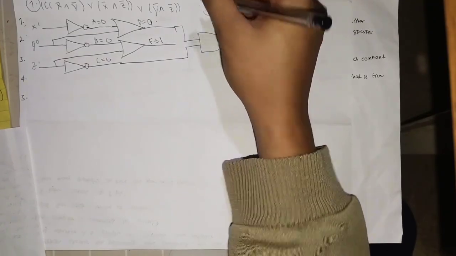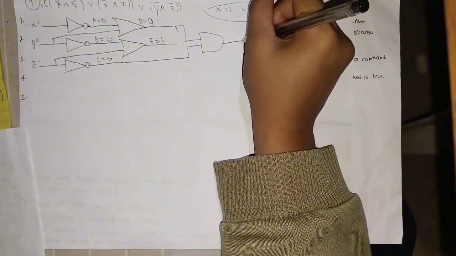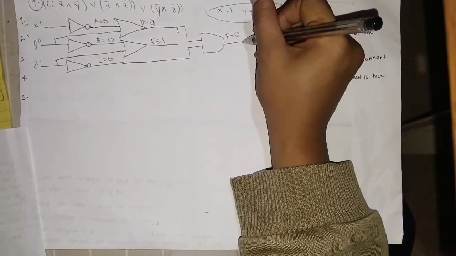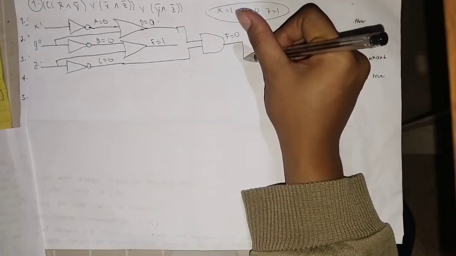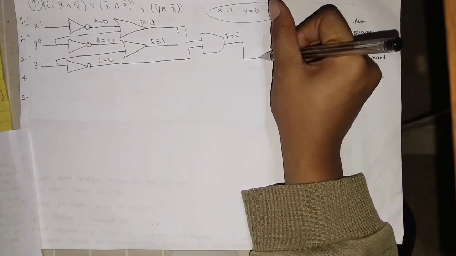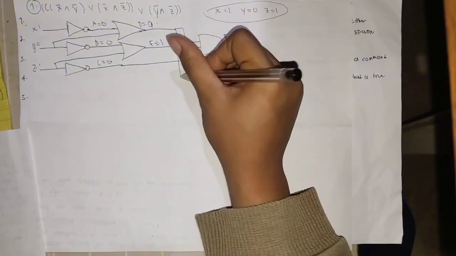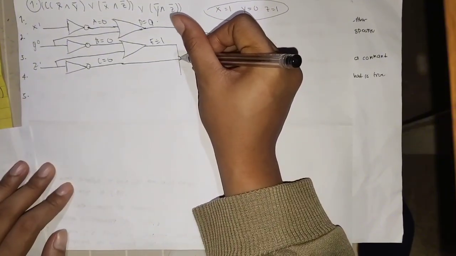So F is equal to 0. The second AND gate, this is the AND gate.